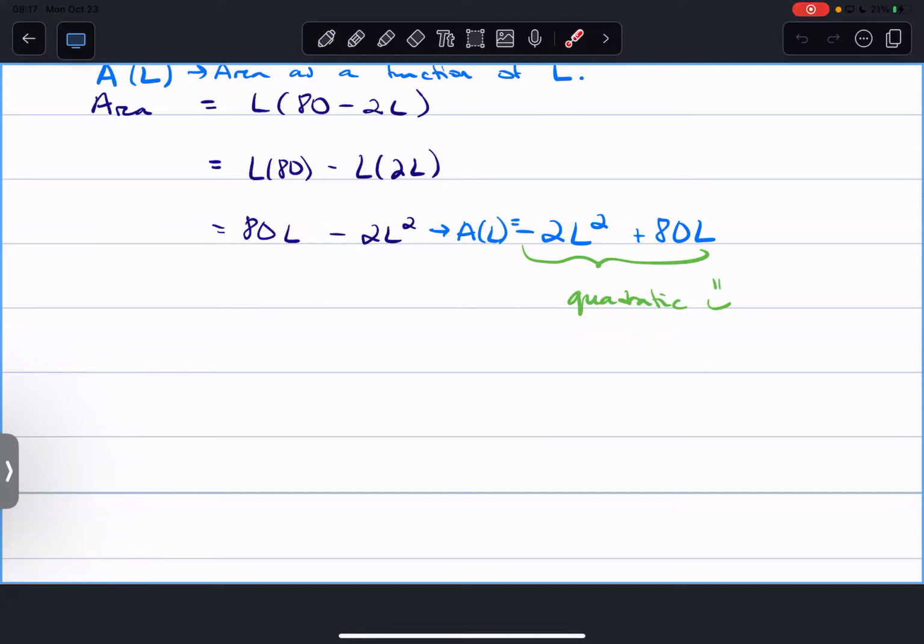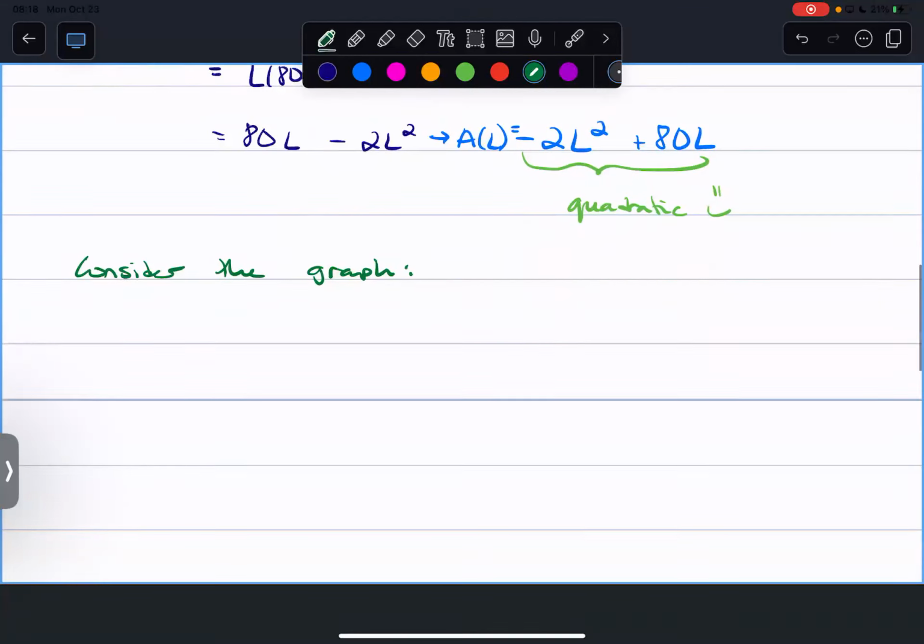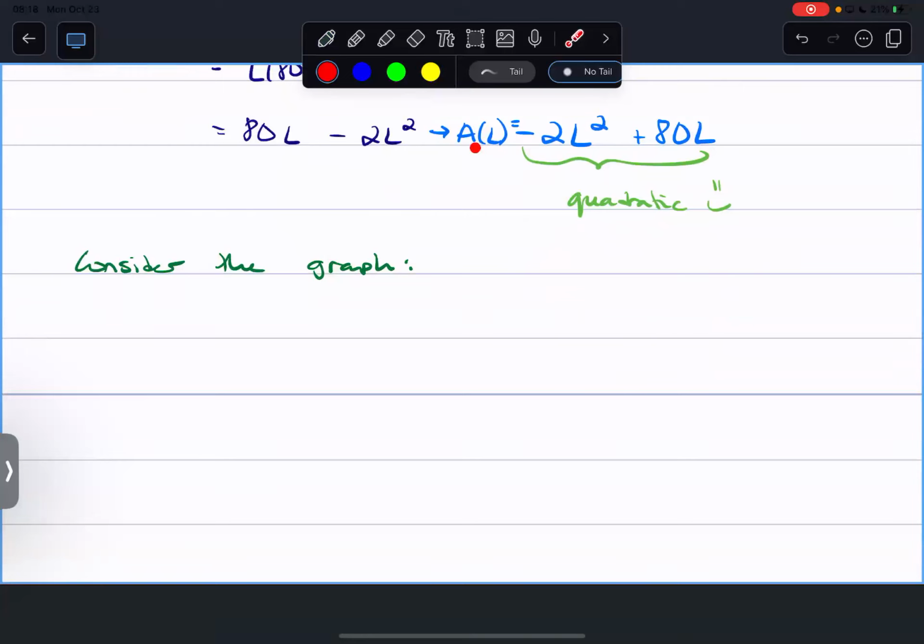Okay, so going back to last week, oh, we had a test last week too, but what would the general shape of this graph be? So consider the graph. What would it look like? Well, if I have the area of L, the area is going to be our Y value, that's our output value.